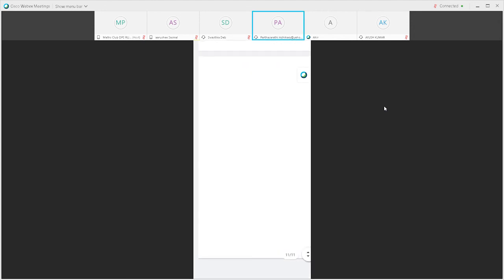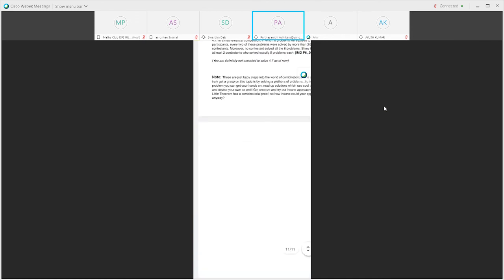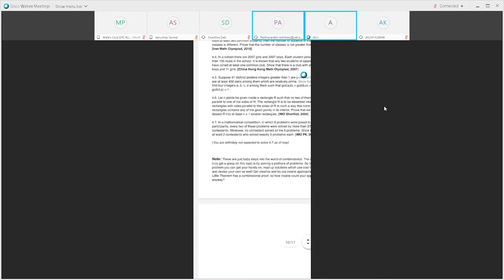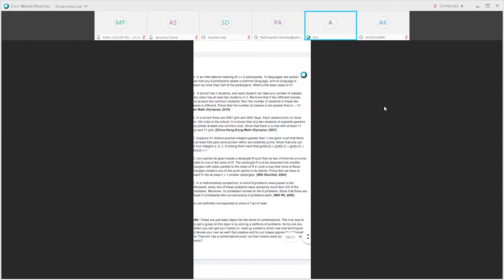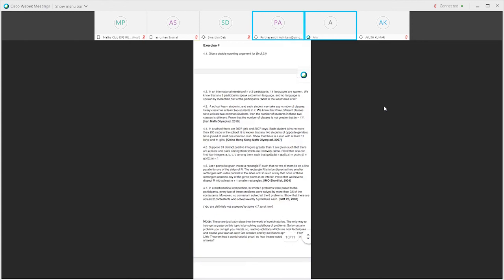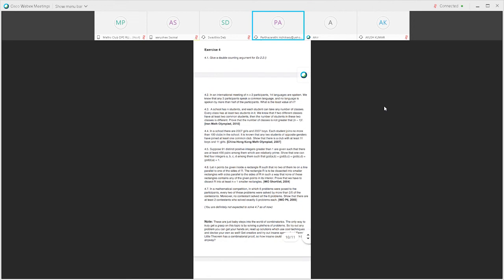Okay, so can you guys see problem 4.4? The whole part is not visible. Now it's visible. Okay, 4.4. China Hong Kong match again.